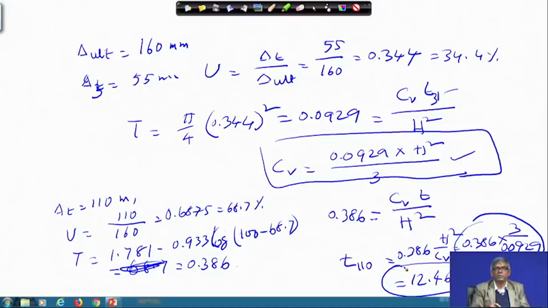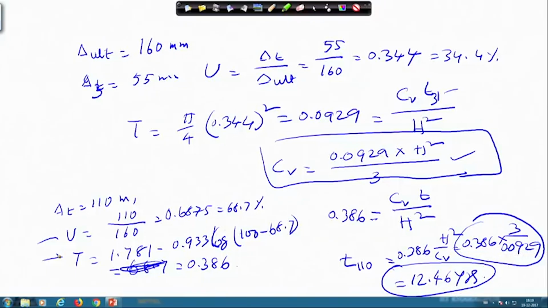Okay. So, this is the way. A very important thing is that everywhere you can see the application of T versus U is very important. For calculation at home we can refer to the table or the T versus U graph, but in the examination hall sometimes it is not with you.